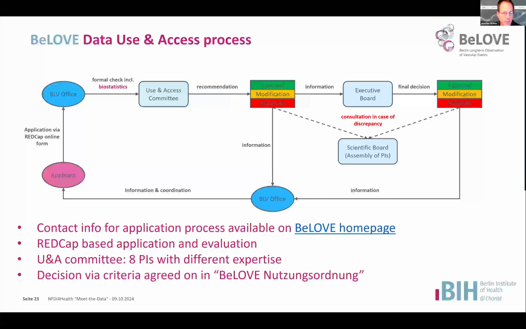So after that, applicants also have to agree to the data usage framework as well as the publication guideline during the application process. For internal applicants, the process is done if the application has been approved by the use and access and the executive committee, and then the data management team and the biostatisticians team will perform an export of the data and give the applicant access to the data.